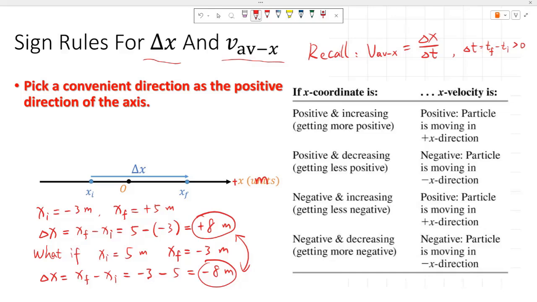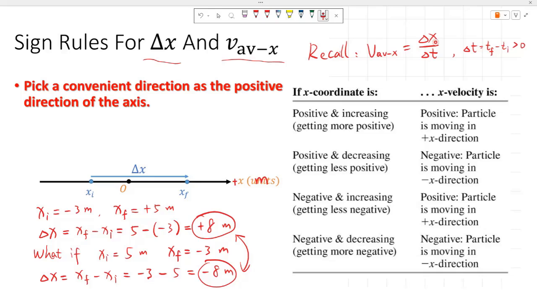So now, don't you think that the polarity of the numerator of this fraction, which is the displacement, will tell us the polarity of the average velocity? Which means that if the displacement is positive, which means the motion is moving to the right, the average velocity will have to be also positive, right?